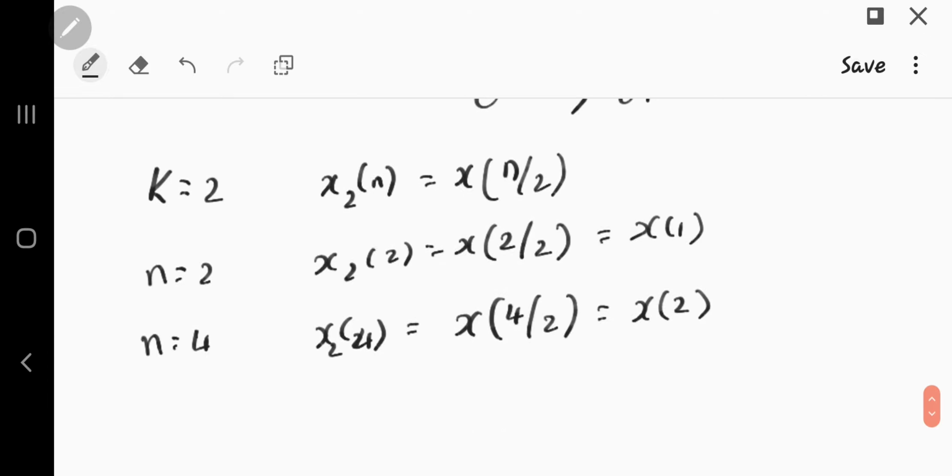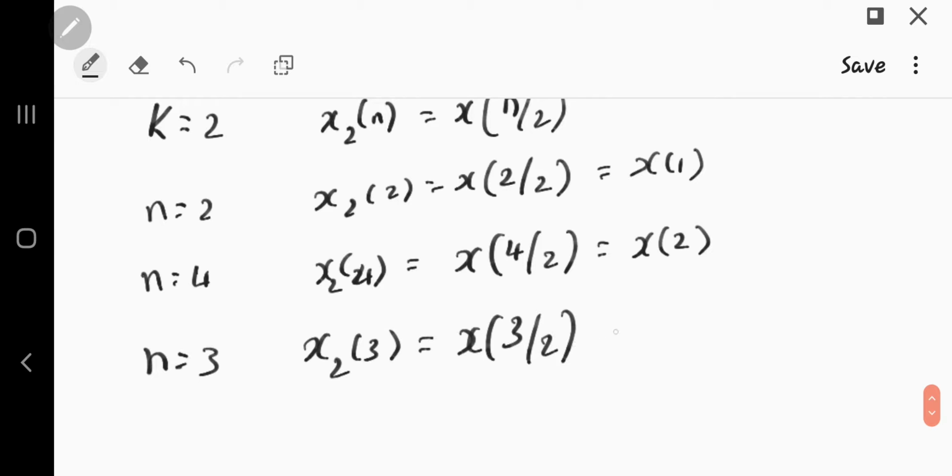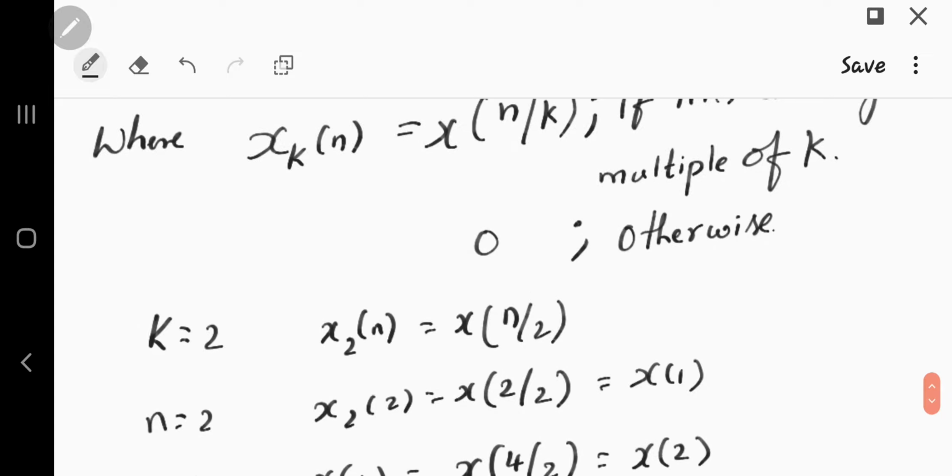If I take n is equal to 3, then you get x_2 of 3, and that is x of 3 by 2, which means x of 1.5, which is not present.